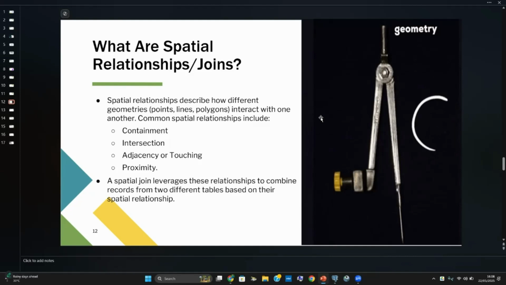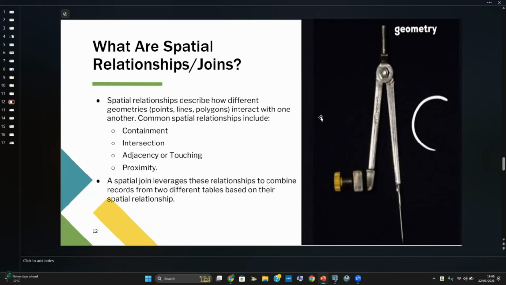There's adjacency or touching, which is when geometries share a boundary or a side, but they don't overlap. They're just sharing that boundary. There's proximity, which is when geometries lie within some sort of specified distance from one another, right? So it's something like containment, but it is a more restrictive aspect of containment, if you will, right?